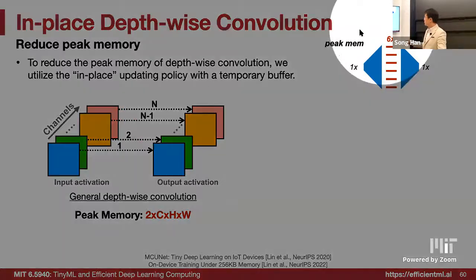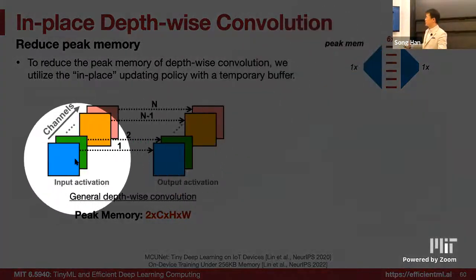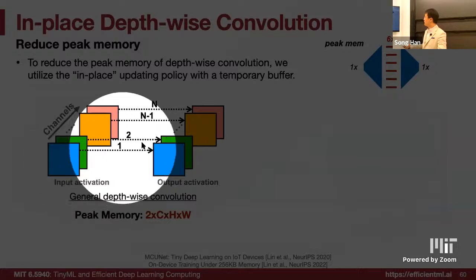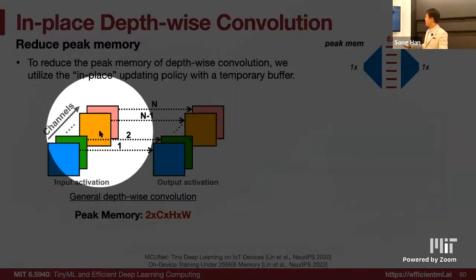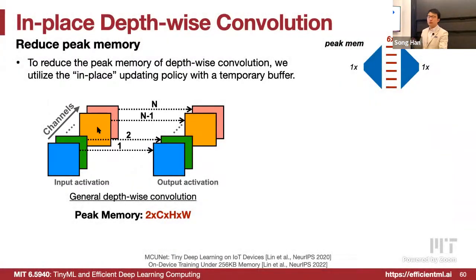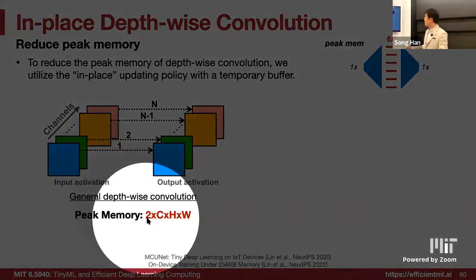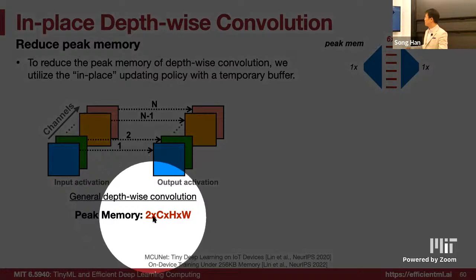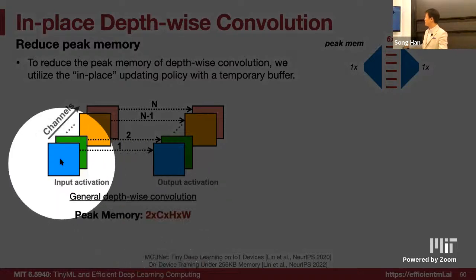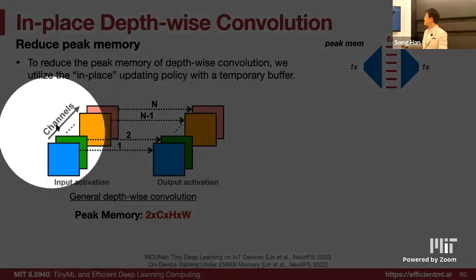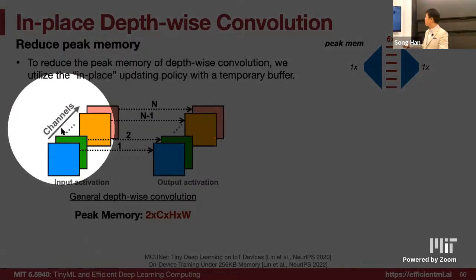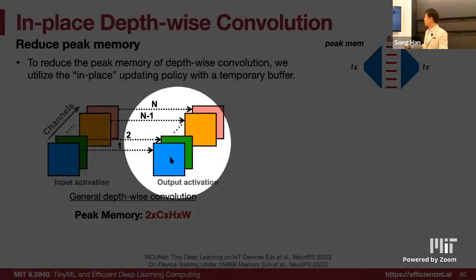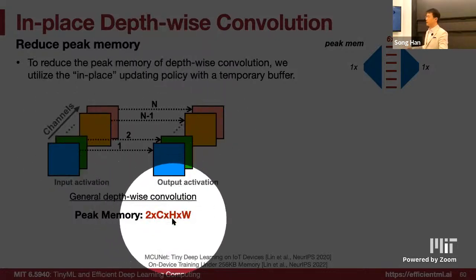By independently, we mean channel 1 is only related to input channel 1, channel 2 is only related to input channel 2, and similar for channel N. So if you use a naive implementation, we have to allocate double the size of C, H, W. We have input, we have output. So the total memory footprint will be input plus output, which will be 2 CHW.